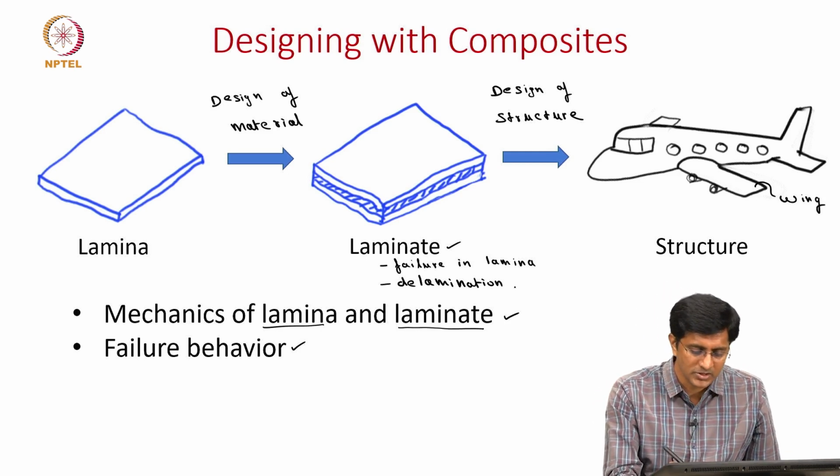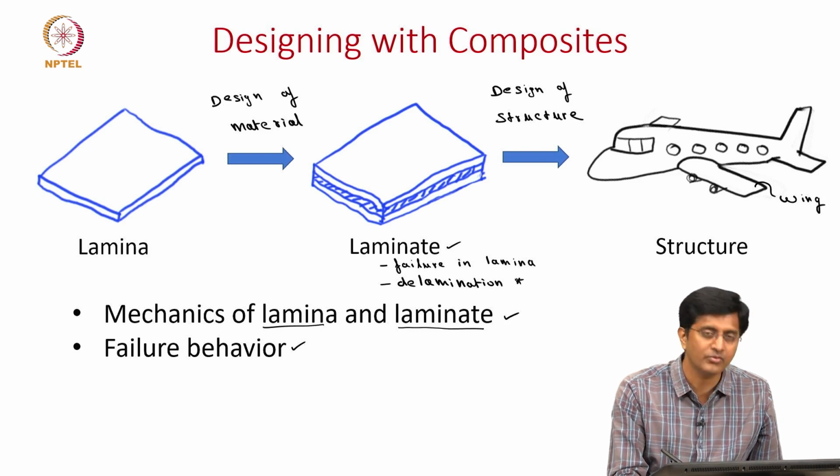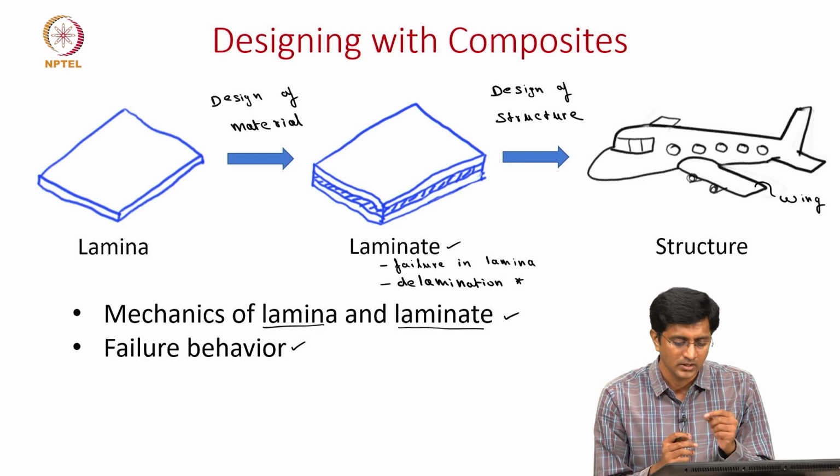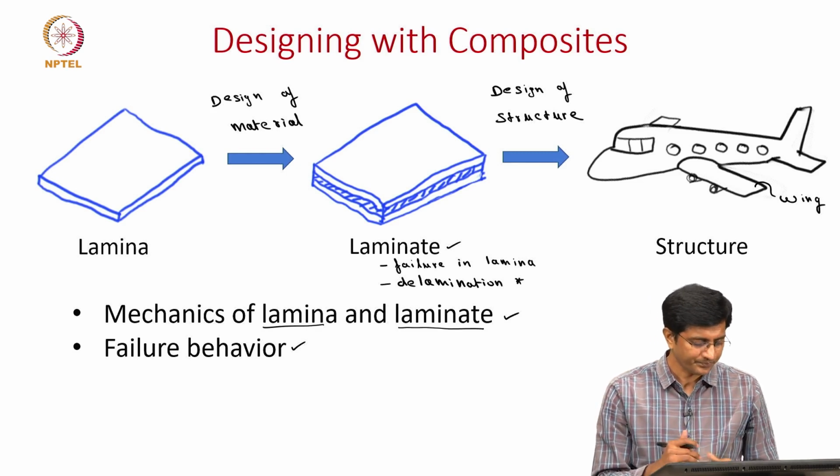So delamination is a very critical failure mechanism, because this most often becomes the weakest link.